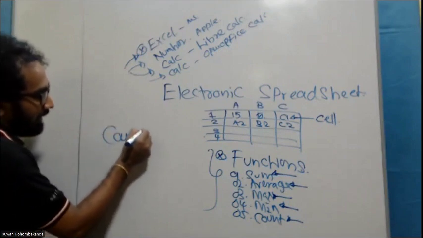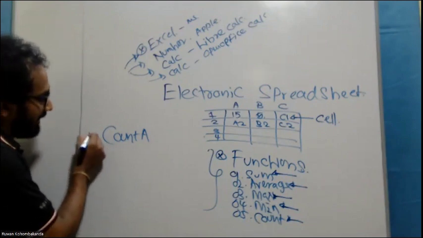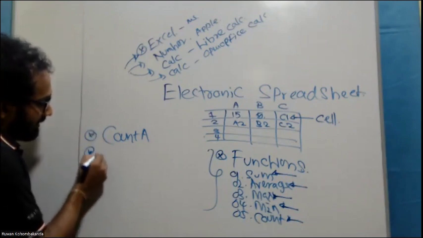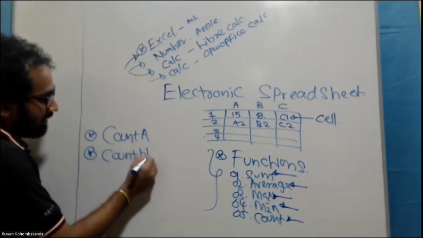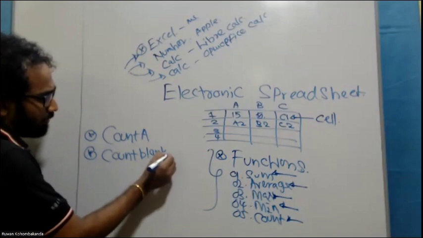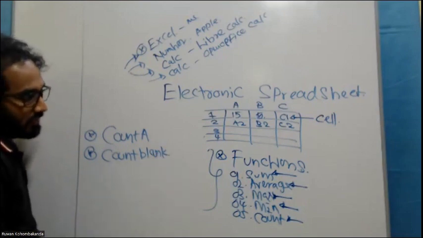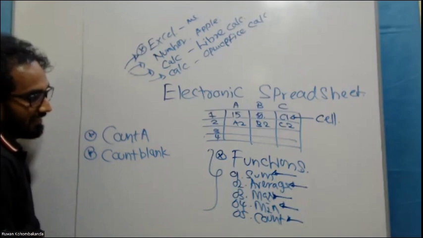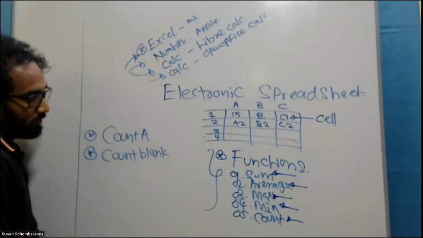Count A. Can you remember? Count A. Count blank. Can't you remember this? We talked about these things, right? Count A, count blank.